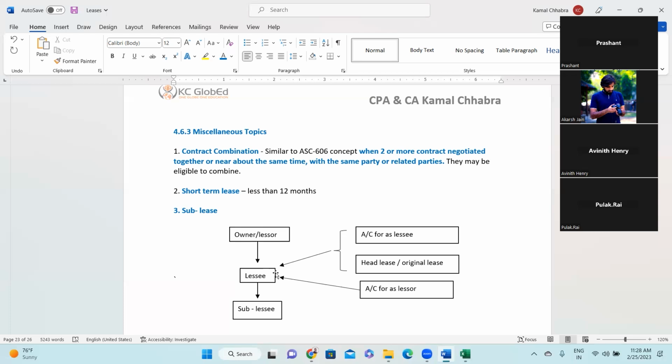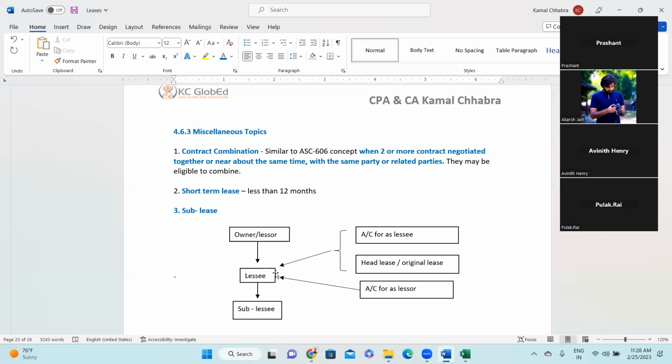But within one contract, there might be various components. That is possible; that is identification or separation of the components. But two contracts must be considered as one contract when they are negotiated together or near about the same time with the same party or with a related party. Make sense? Yes, sir.